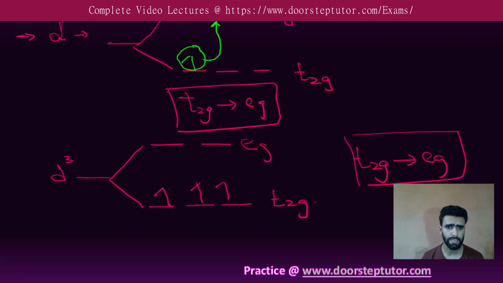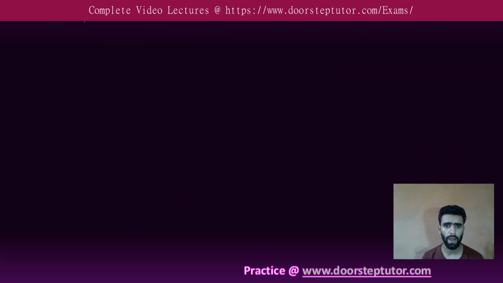So let us see how the ligand field environment affects the transition in the case of octahedral complexes. So let us see the effect of color due to ligands.